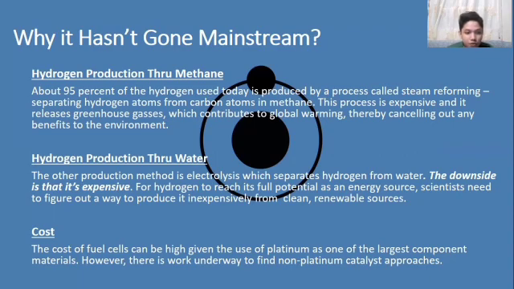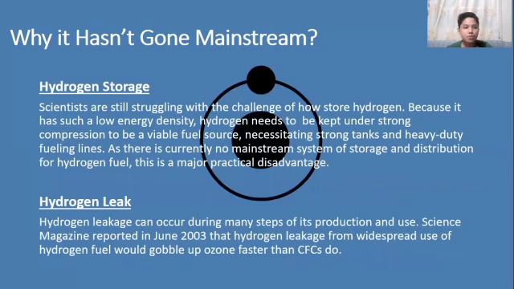Cost. The cost of fuel cells can be high given the use of platinum as one of the largest component materials. However, there is work underway to find non-platinum catalyst approaches. Hydrogen storage. Scientists are still struggling with the challenge of how to store hydrogen because it has such a low energy density.